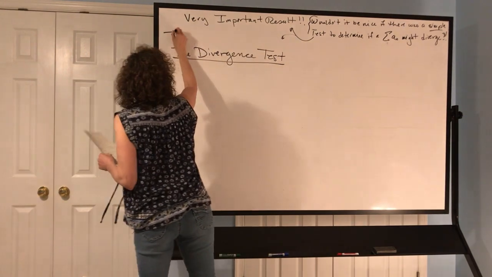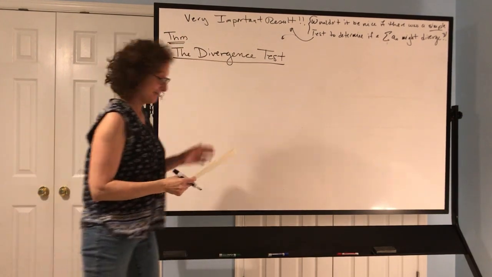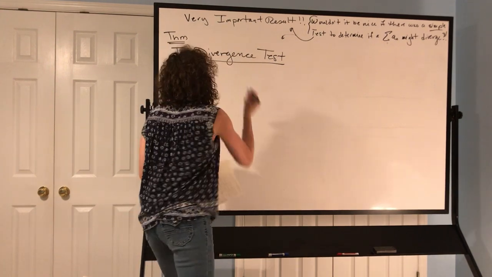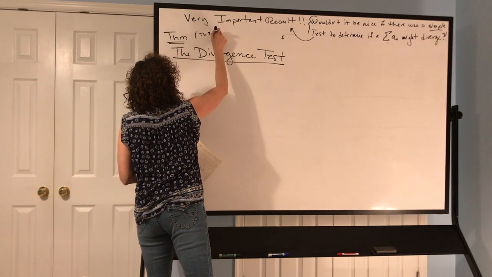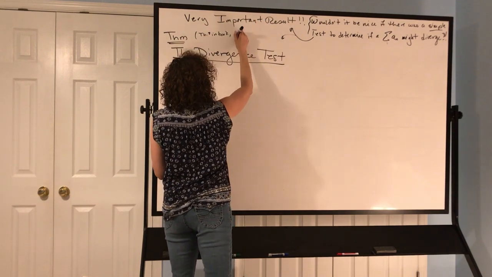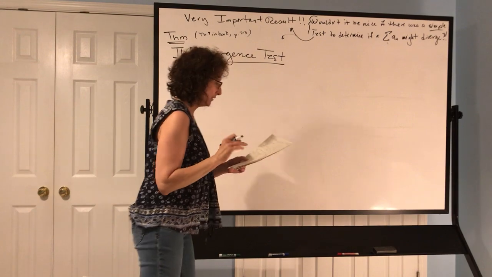It's a theorem. Ooh, that's exciting, must mean we're going to prove it. And it's actually theorem 7 in your book, page 713, just so you're aware. Because like I said, we're doing this a little out of order.